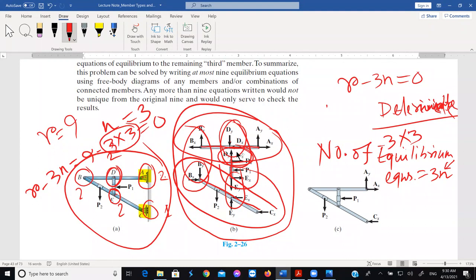So you can see there are 3 members here, so we can have a maximum of 3 times n, that means 9 equilibrium equations for this structure. Whatever way you write, if you write more than this, there will be some repetitions of equilibrium equations.